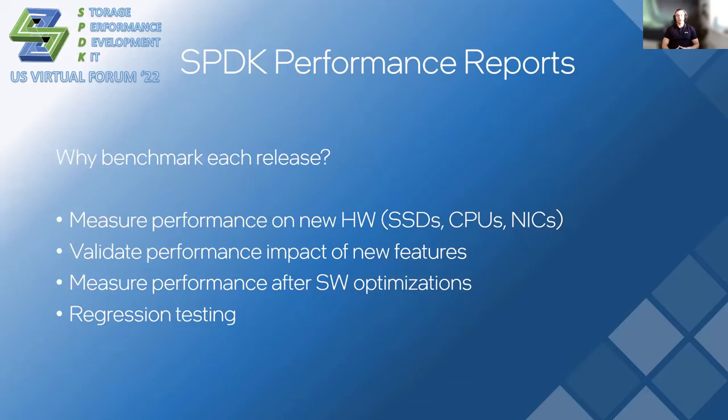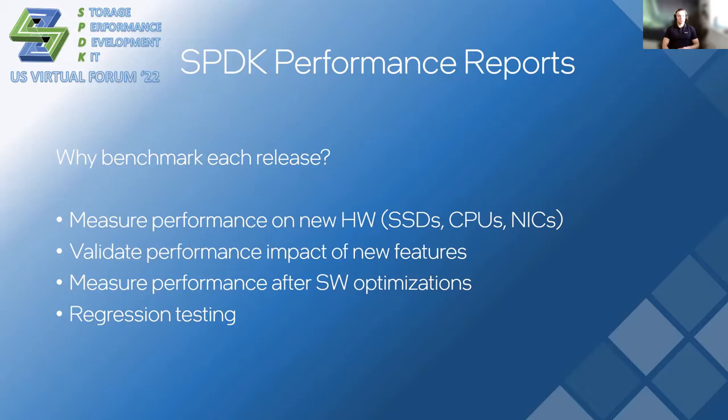Now, as mentioned on the previous slide, we do performance benchmarks every release, but why? It is a time and resource consuming process, so there's a question, do we really need to do benchmark tests on every release?